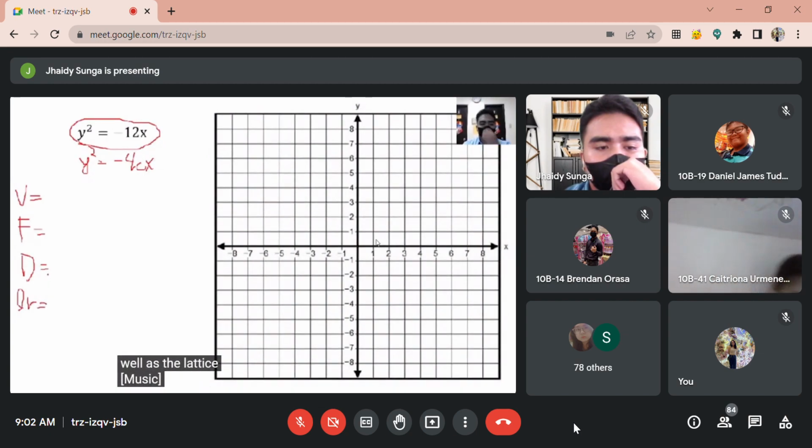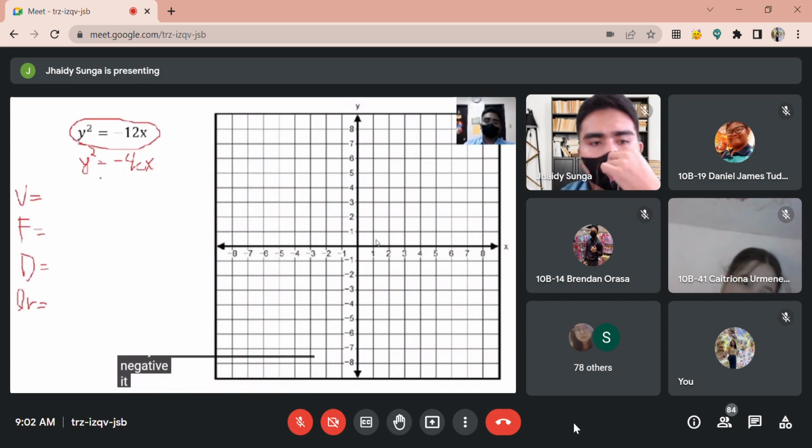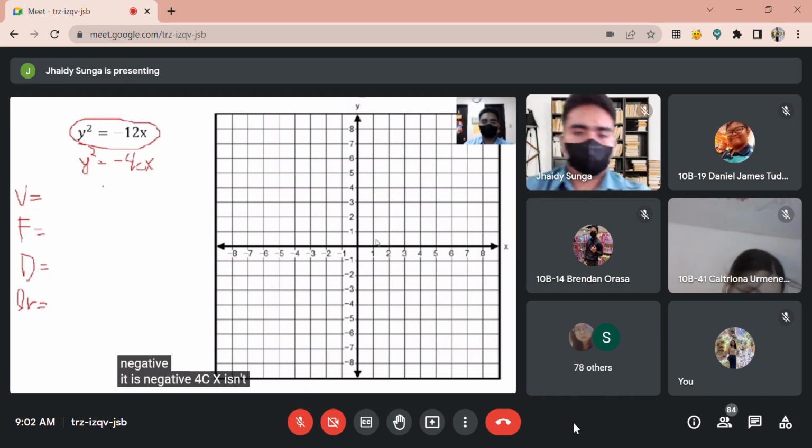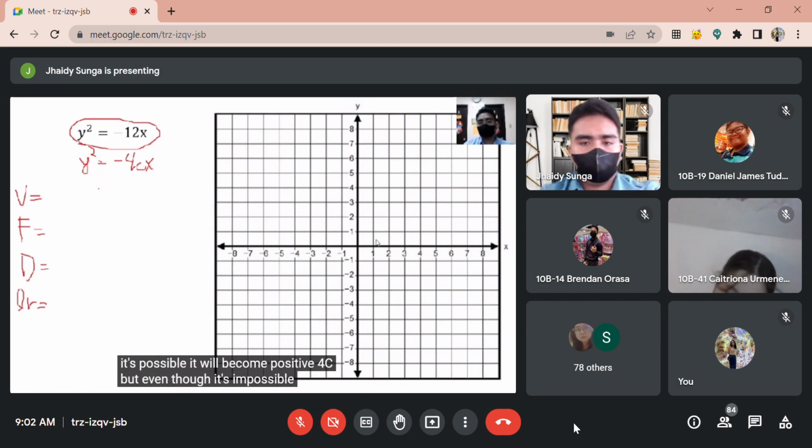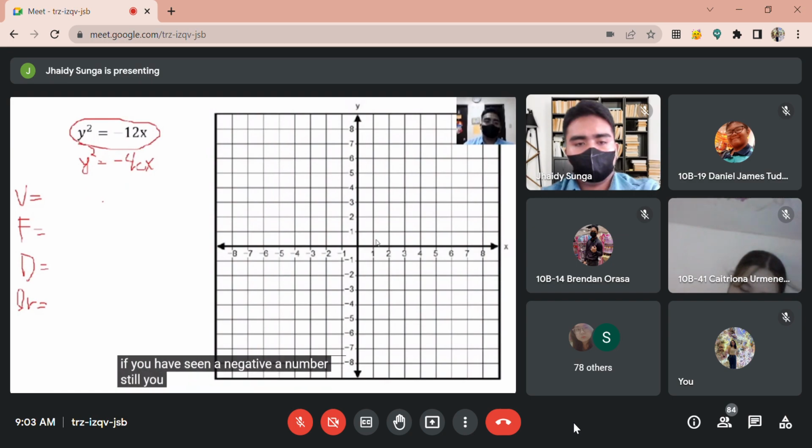First of all, I want to tell you that when it is positive, the focus is positive. But even though it's not positive, I want to tell you with regards to this number: in the equation, you have 4c equal to a negative number, so c is equal to the value of that number.